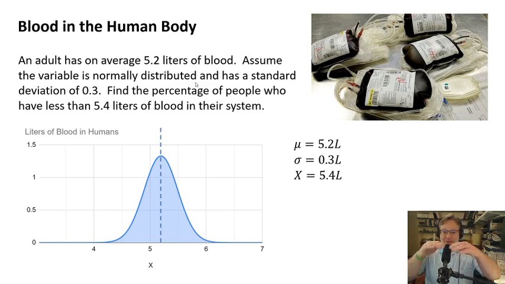That means if you plotted it out as a histogram for all the people, it would look like a normal distribution. And it has a standard deviation of 0.3. Find the percentage of people who have less than 5.4 liters of blood in their system. We can calculate this value, this percentage, according to our understanding of the normal distribution.